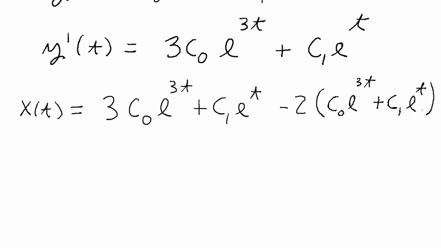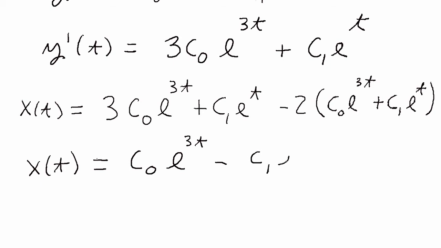That simplifies to the following: x at time t is just c0 e to the 3t, that's 3 minus 2, and then minus c1 e to the t.